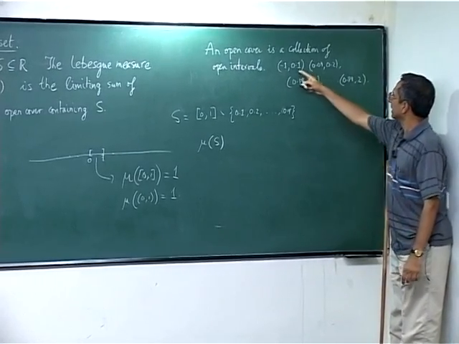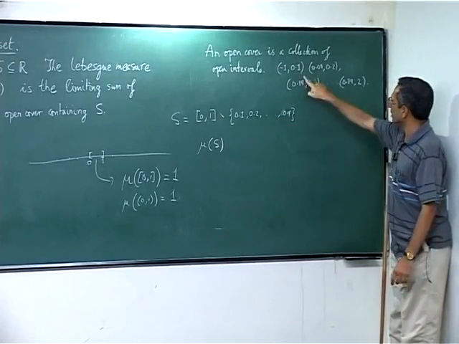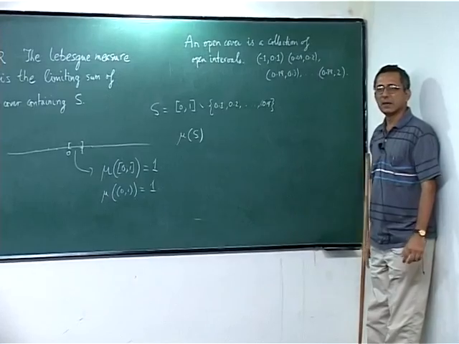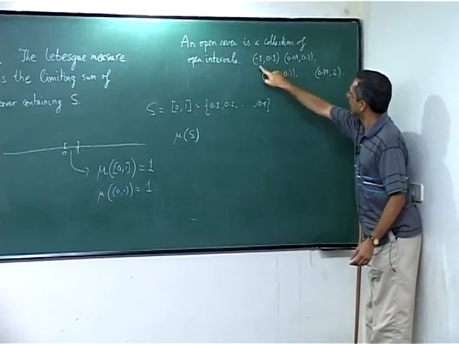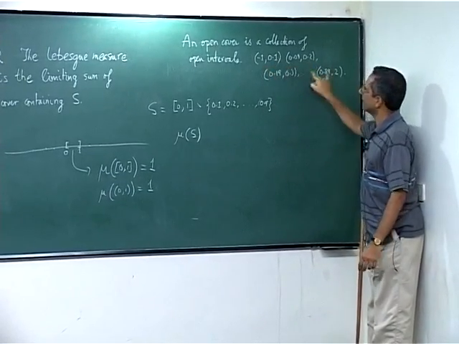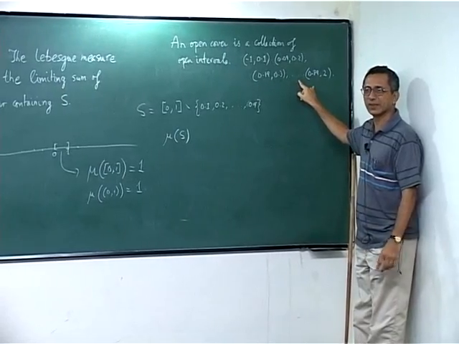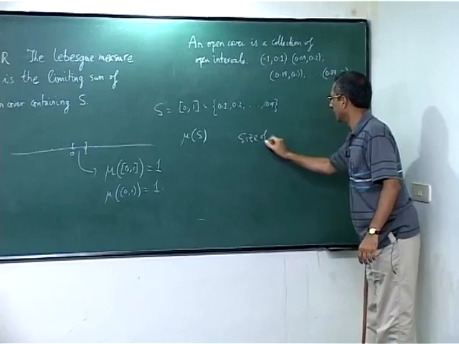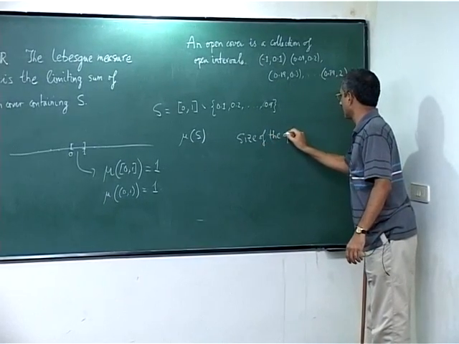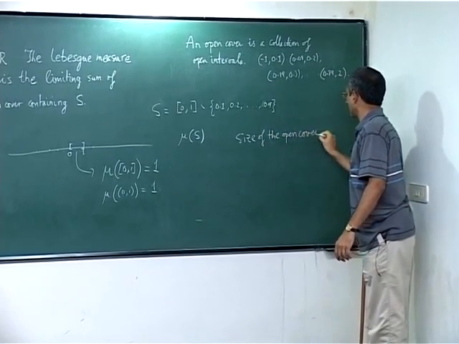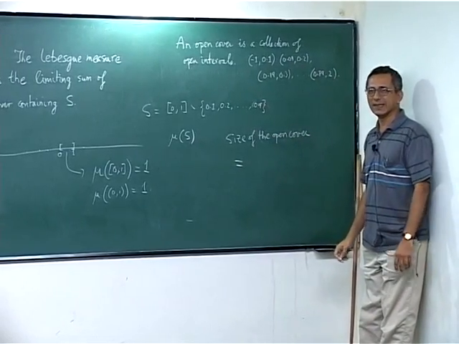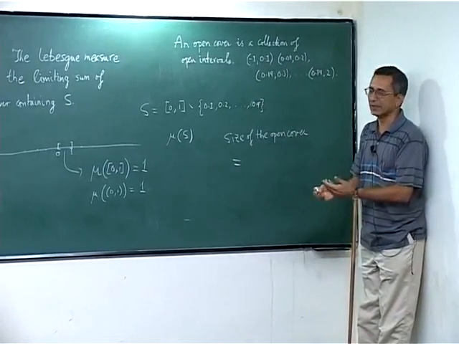So this is an open cover for the set S because the union of these intervals covers the set S. What is the length of this open cover? That's the sum of the lengths of these open intervals, the size of the open cover. In this case, you only have finitely many open intervals, so the size is just the sum of the sizes.